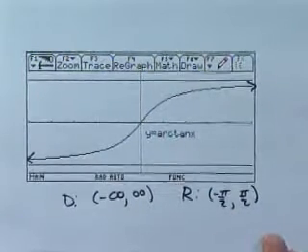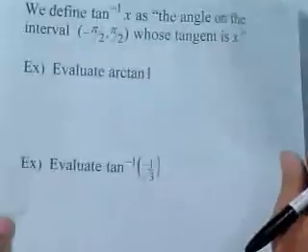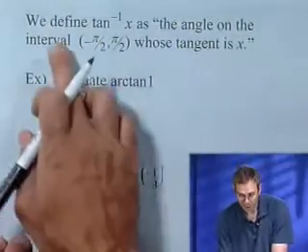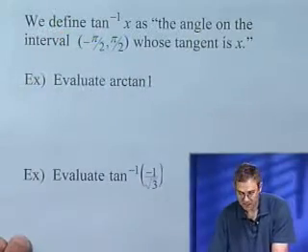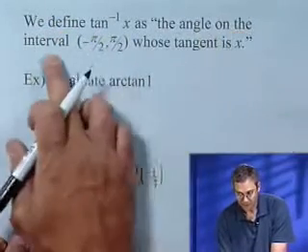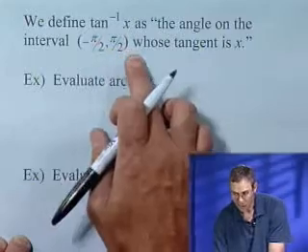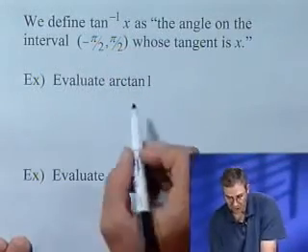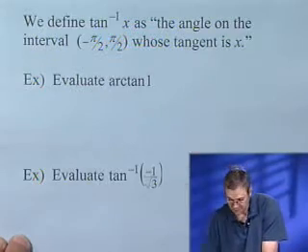Let's try to evaluate a couple problems here. Again, we're going to define the arctangent of x as the angle on the interval minus pi halves to pi halves whose tangent is x. For example, let's figure out the arctangent of 1.